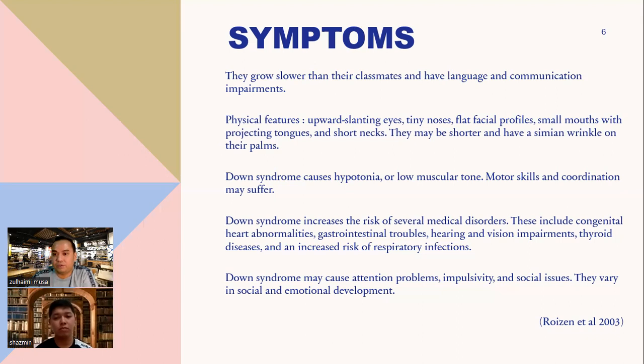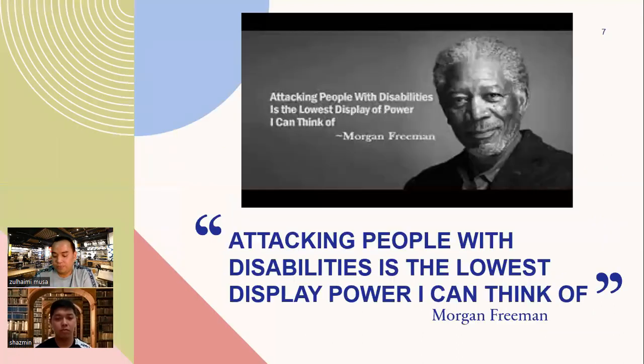This includes congenital heart abnormalities, gastrointestinal trouble, hearing and vision impairment, and in some cases they will have a problem with the thyroid, and of course they will have a risk of respiratory failure or respiratory infection. Down syndrome may cause attention problems, impulsivity, and also social issues. So they are affected in social and emotional development.